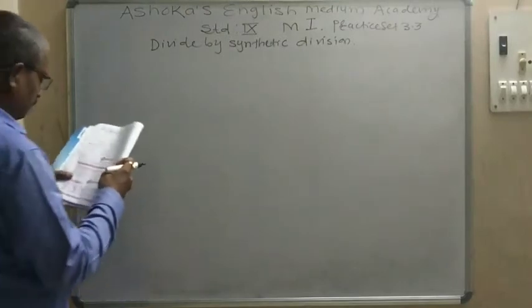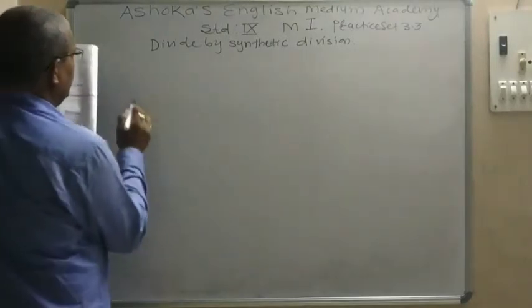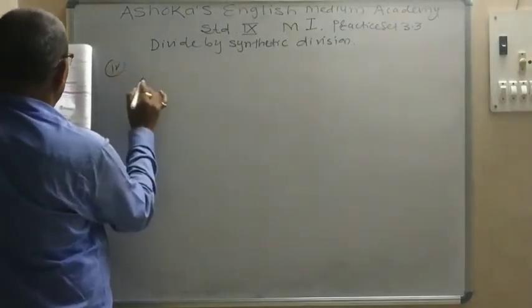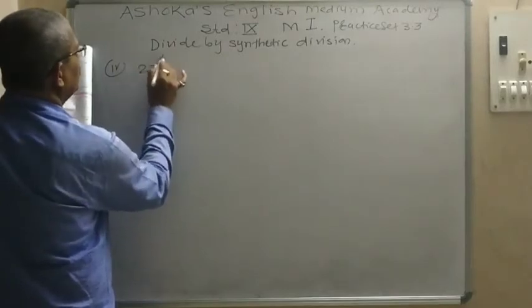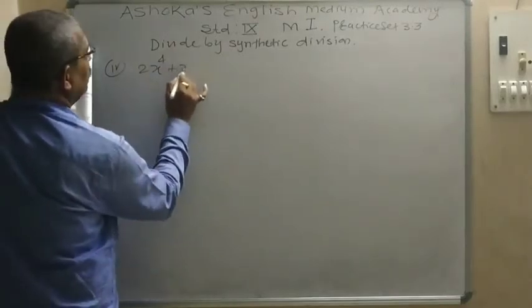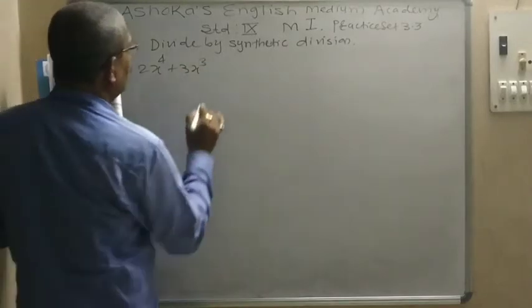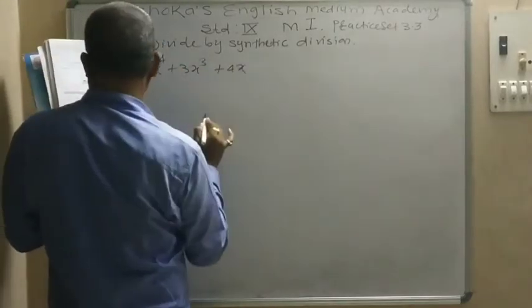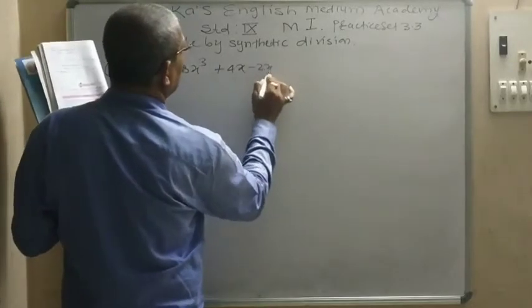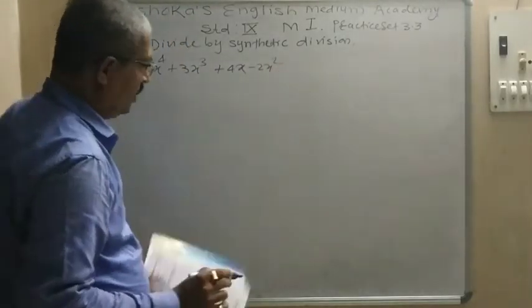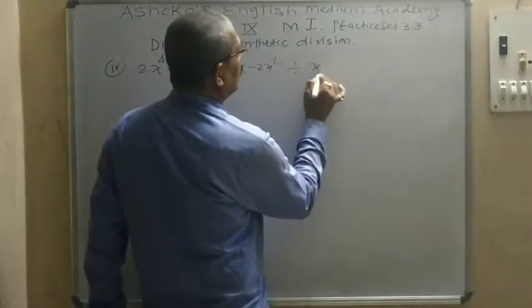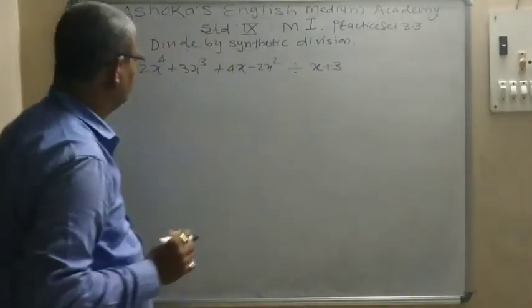Question number 4 is, see, 2x raised to 4 plus 3x raised to 3 plus 4x minus 2x square divided by x plus 3.